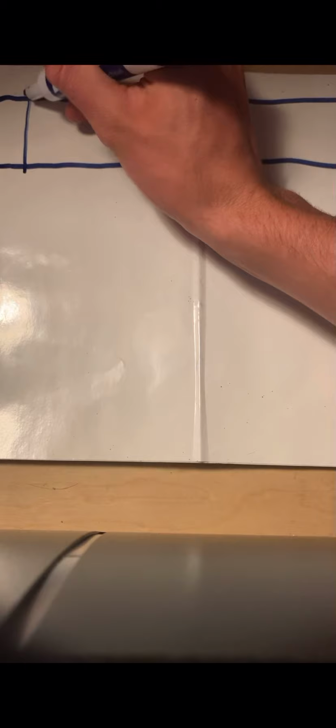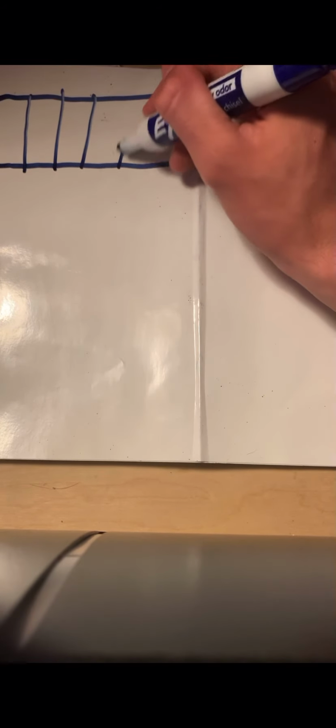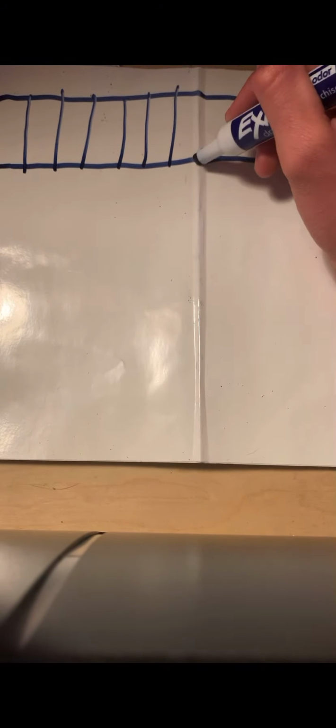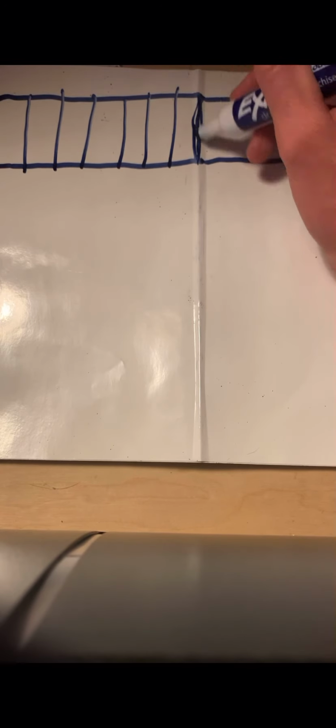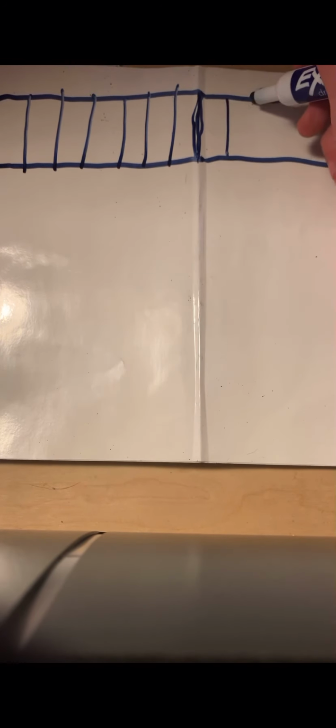So I'll have to draw 14. 1, 2, 3, 4, 5, 6, 7. Oh, on track so far. 7's right in the middle. 8, 9, 10, 11, 12, 13, 14. Perfect. Fit them all in. See that?